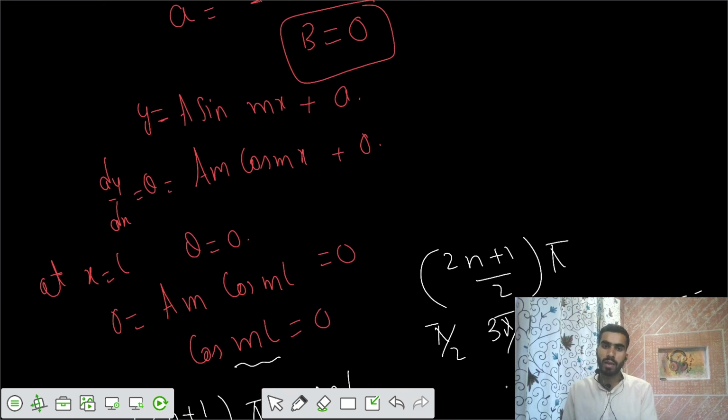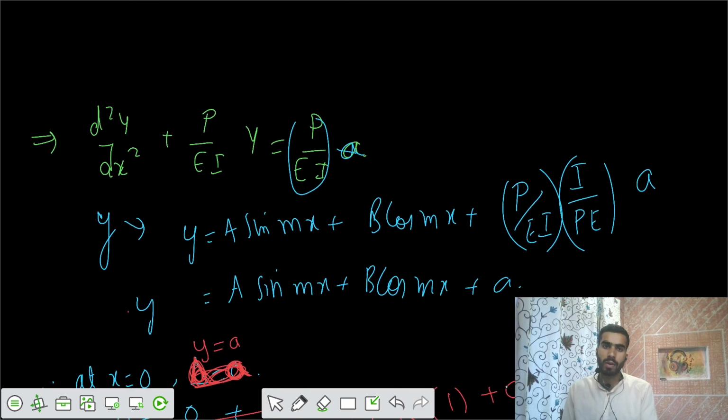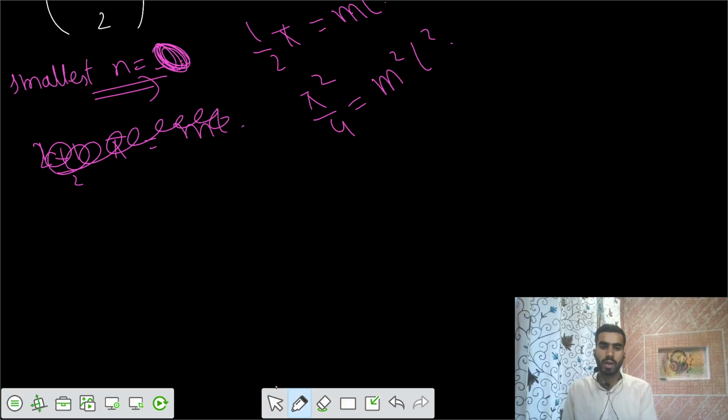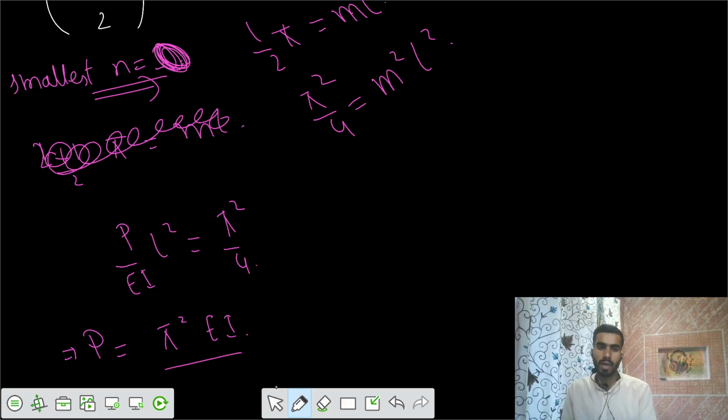And I know the value of m square, we are substituting it as P by EI. So I would write that P by EI l square equals pi square by 4. So that means P equals pi square EI by 4L square.